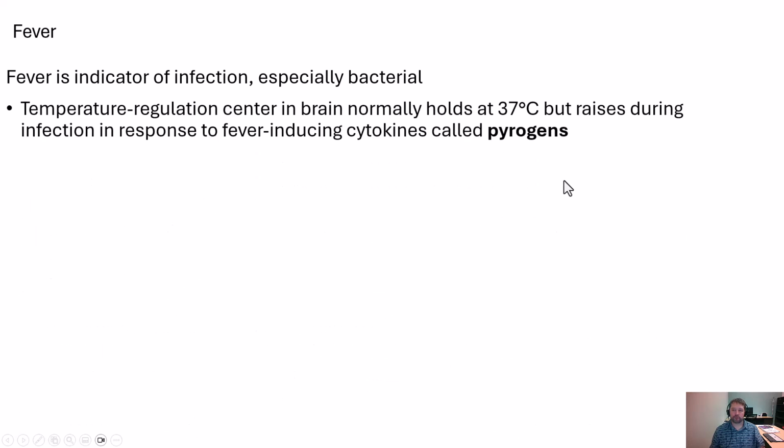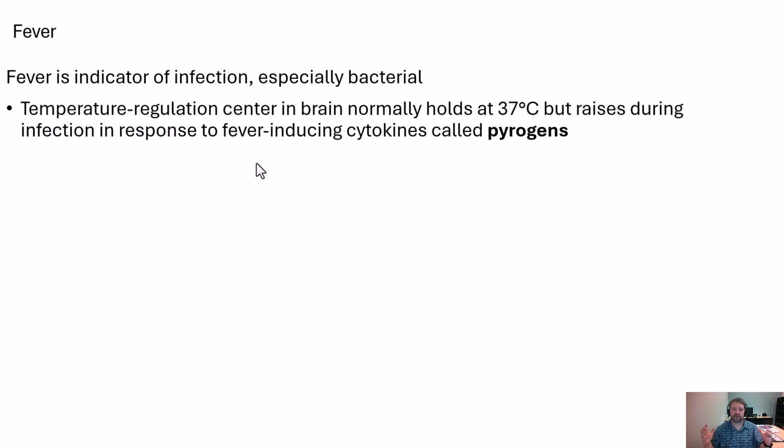So pyrogens are specialized cytokines that induce fevers, so they increase the body's normal temperature. Our normal temperature is about 37 degrees Celsius. Okay, and when you have these pyrogens in circulation, it triggers the body to increase its body temperature.